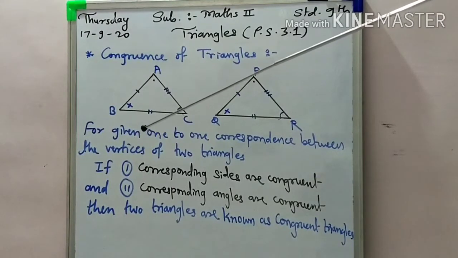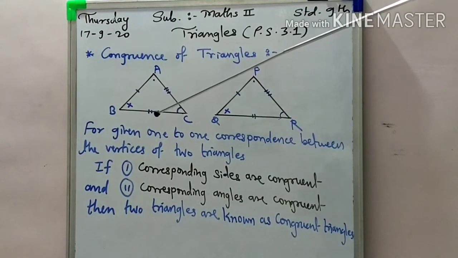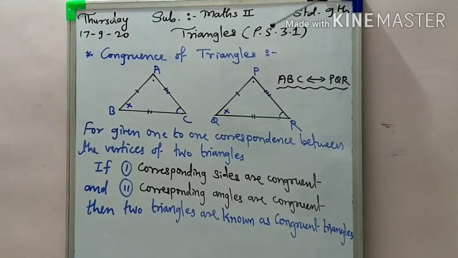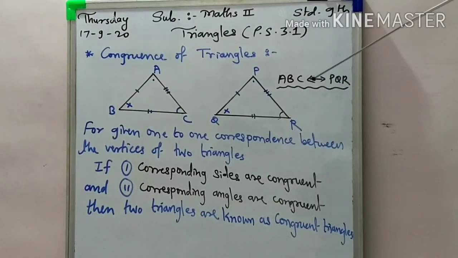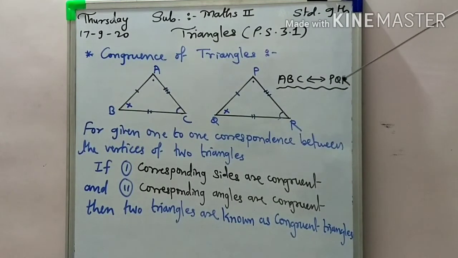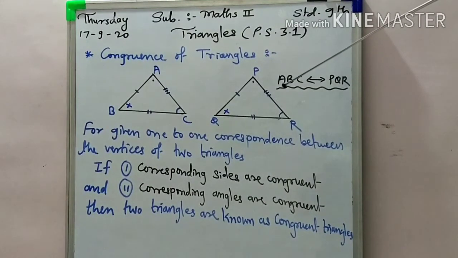So here the one-to-one correspondence is shown with this symbol of a line with two arrows: ABC corresponds to PQR. It means that for vertex A the corresponding vertex is P, for B the corresponding vertex is Q, and for C the corresponding vertex is R. For sides, for AB the corresponding side is PQ.